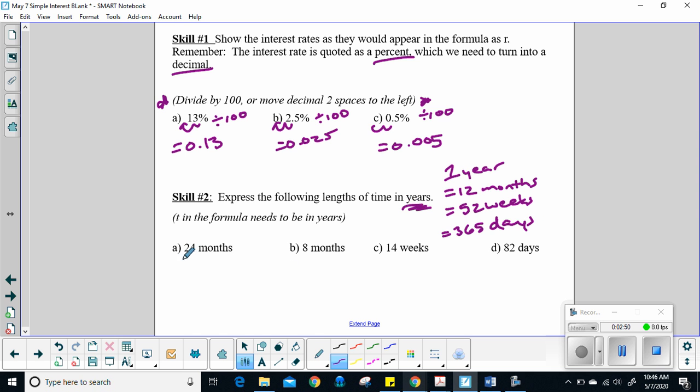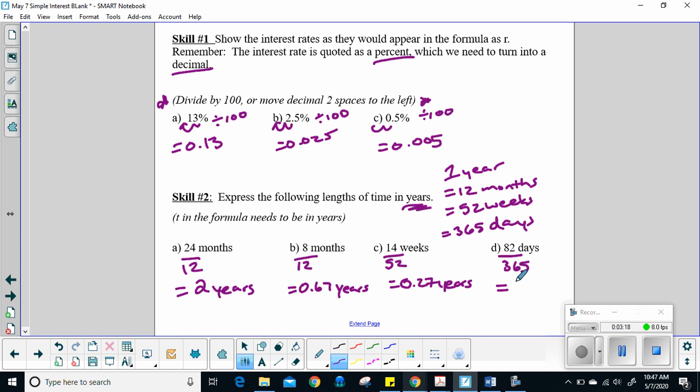If I had 24 months, we divide that by 12, and we're really talking about 2 years. 8 months divided by 12 is 0.67 years. 14 weeks divided by 52 is 0.27 years. And 82 days divided by 365 is 0.22 years.